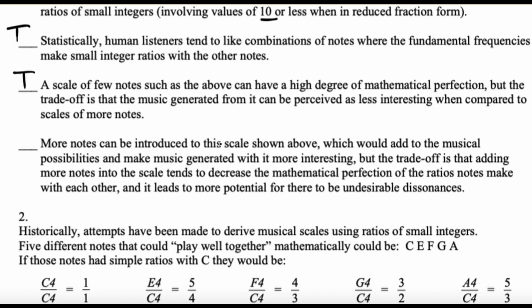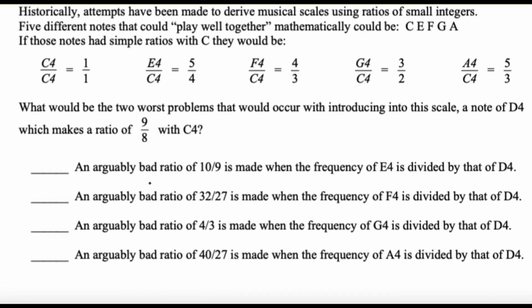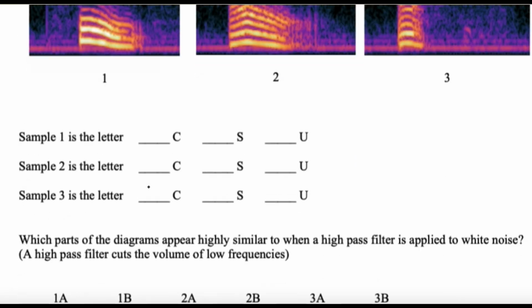More notes can be introduced to the scale shown above, which would add to musical possibilities, making the music generated more interesting. Trade-off, though, is that adding more notes will decrease the mathematical perfection of the ratios, and it leads to more potential for undesirable dissonances. That is true. That was the point of this lab that I was just talking about.